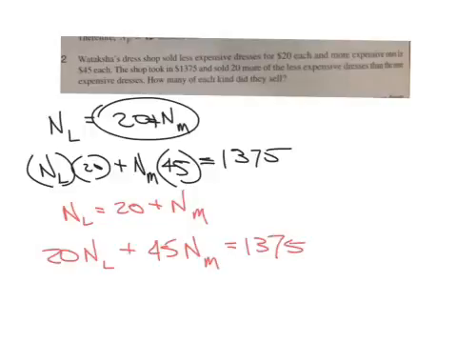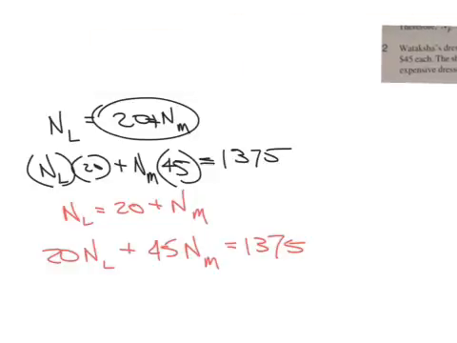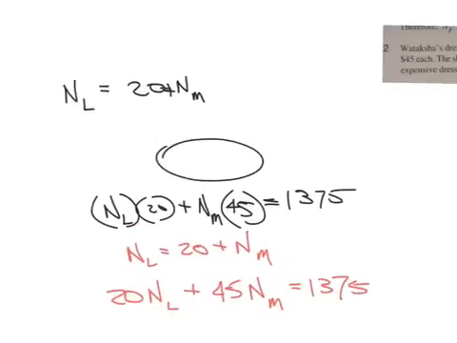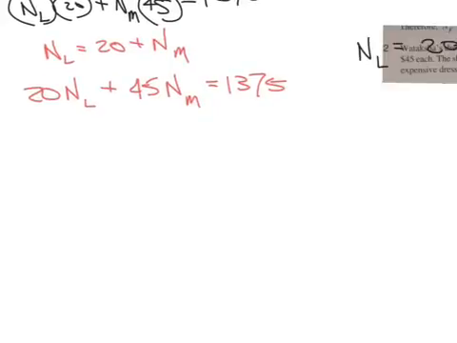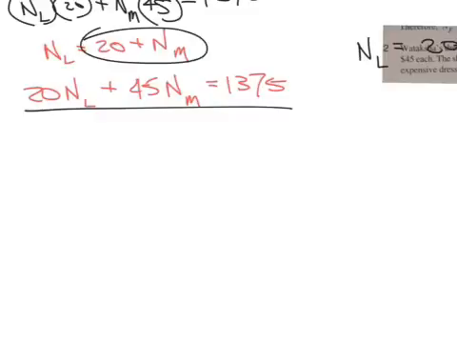Okay, and so for this one I'm going to use substitution. So let's get all of this junk out of the way. Move that up. We're just going to be concerned with the red. So in the bottom equation, whenever I see an NL, I'm going to put a 20 plus NM in its place.